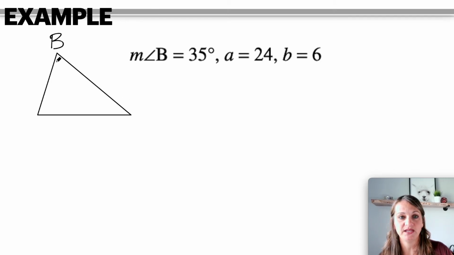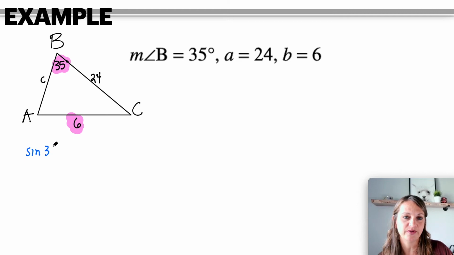So if that is B, and if that is A, that is A and C and little c. We have an angle, and we have its opposite side, so we can automatically go ahead and put together a proportion.